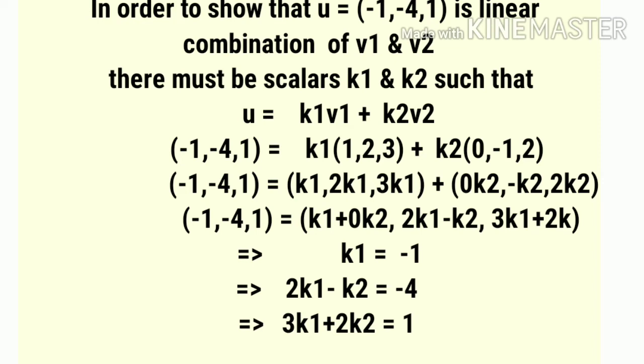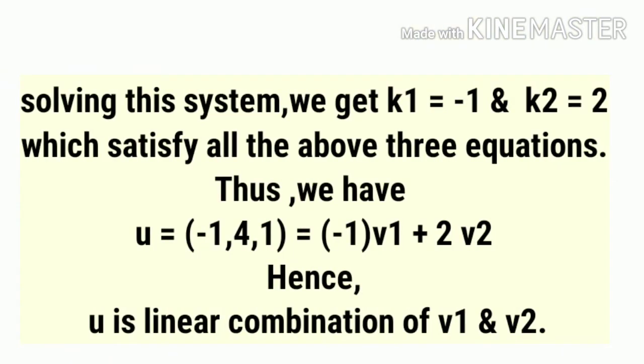We get 3 equations. After solving this system, we get the value of k1 is -1 and the value of k2 is 2, which satisfy all the above 3 equations. So, vector u is equal to k1 v1 vector plus k2 v2 vector.